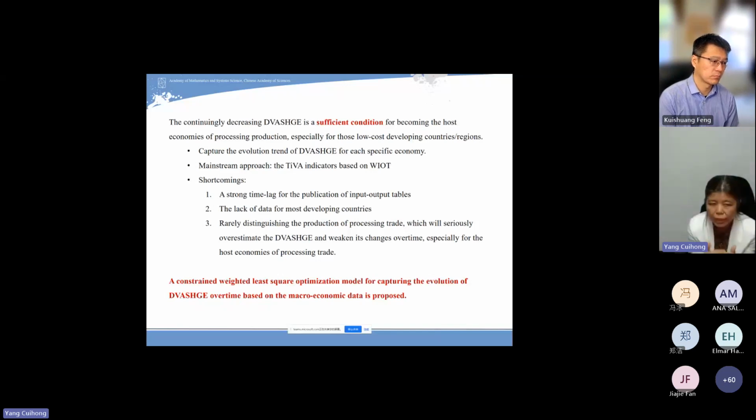So if we use the general IO table, we may overestimate the domestic value added share of gross exports. These are some of the points before we propose the optimization model.